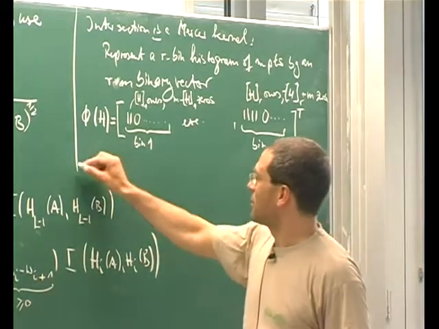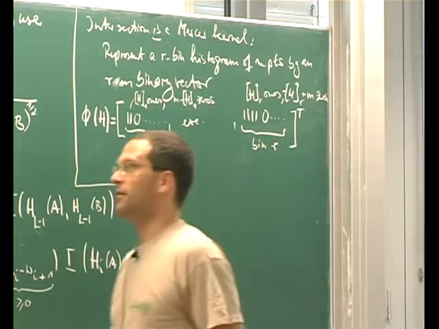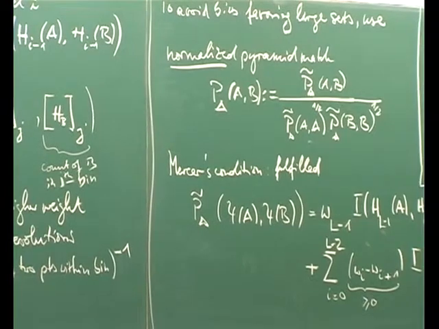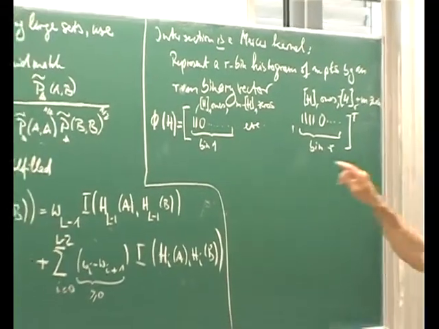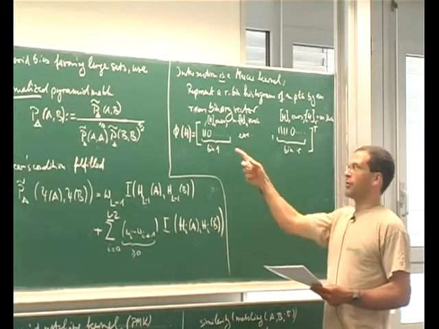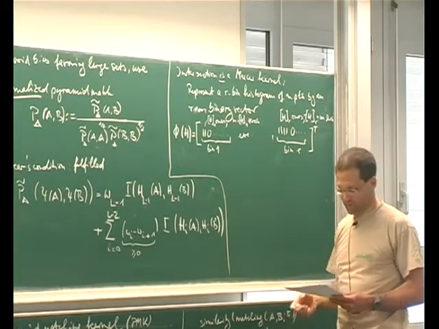And now intersection was defined as the sum over the minimum elements. And if you think about it for a moment, you will see that this intersection is indeed given by the inner product of two such vectors, because you only get a contribution to the inner product when you have a 1 in both vectors.